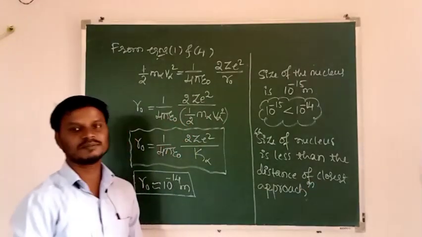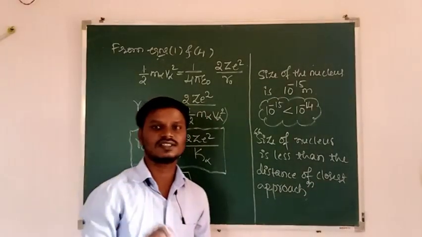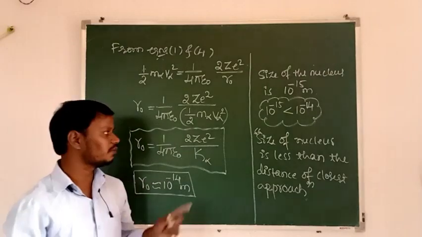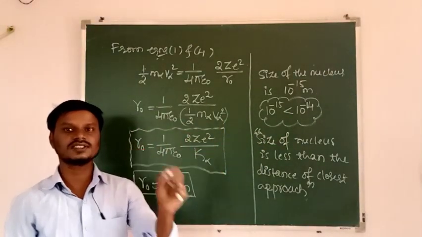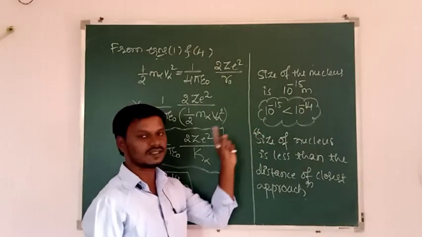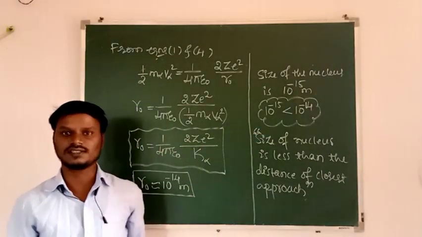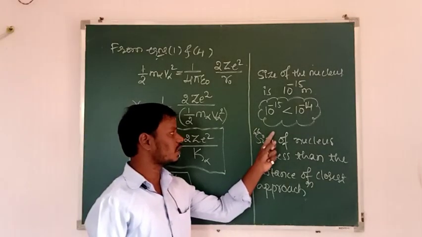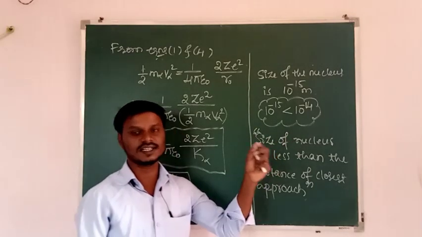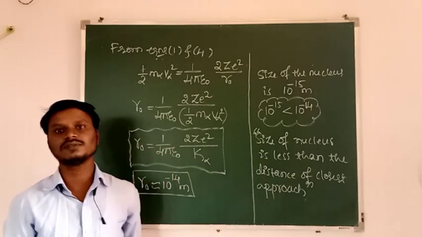And one more thing, remember here, once again, what is the distance of closest approach? It is the minimum distance of the alpha particle from the nucleus at which the kinetic energy of the alpha particle is converted into potential energy. And also we can define, it is the minimum distance of the alpha particle from the nucleus that experiences the large repulsive force.